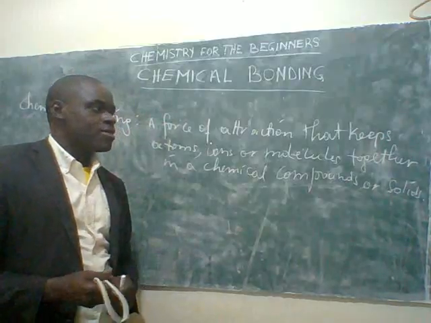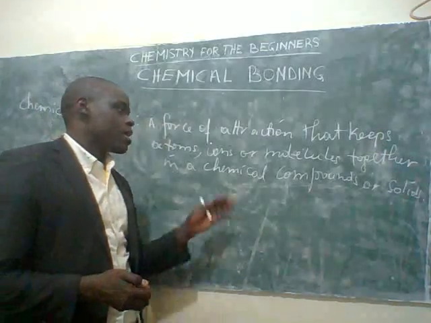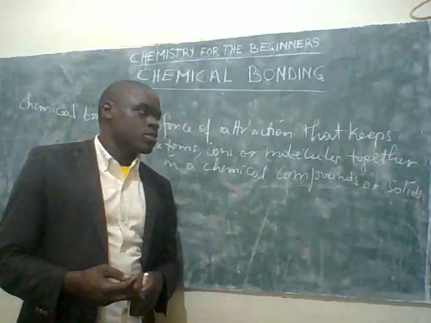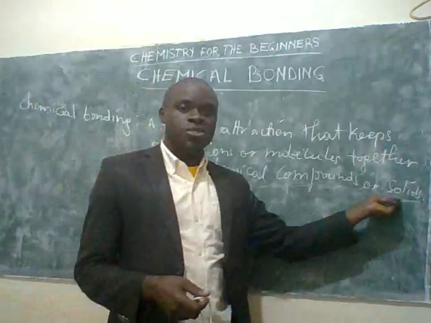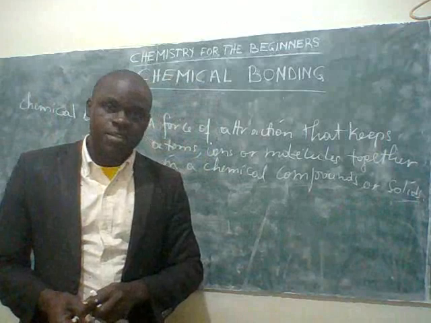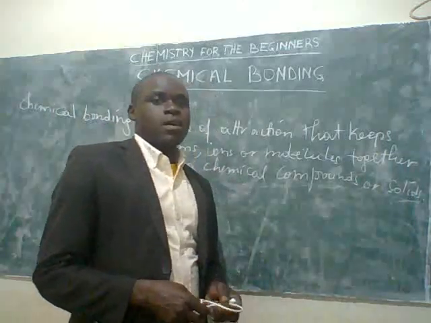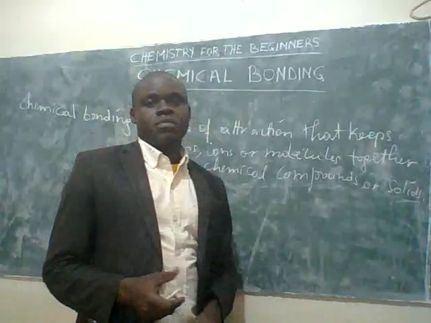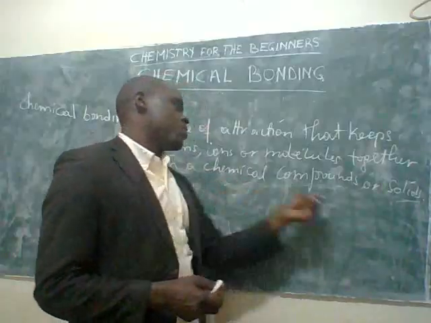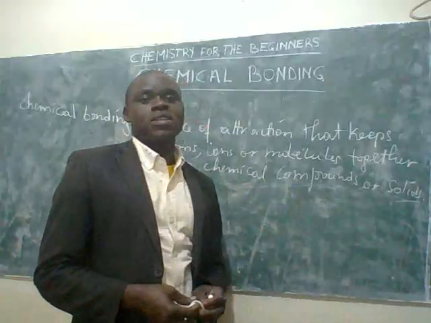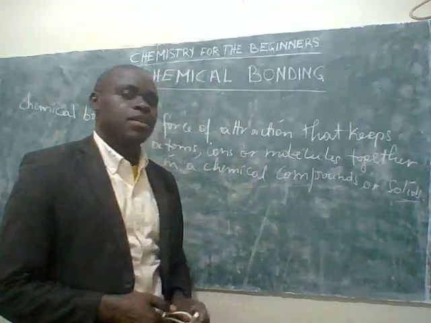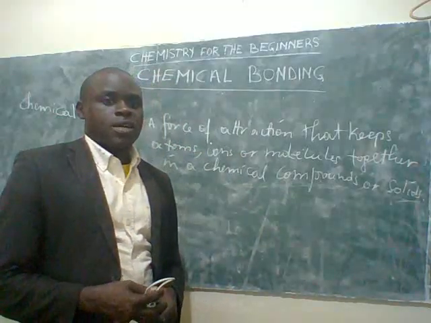But also we know that they are chemical compounds. But if we add the word solids, it means that you can differentiate like stones, like metals. Metals, we don't say they are chemical compounds. Chemical compounds, we can say acids, we can say salts, and so on.